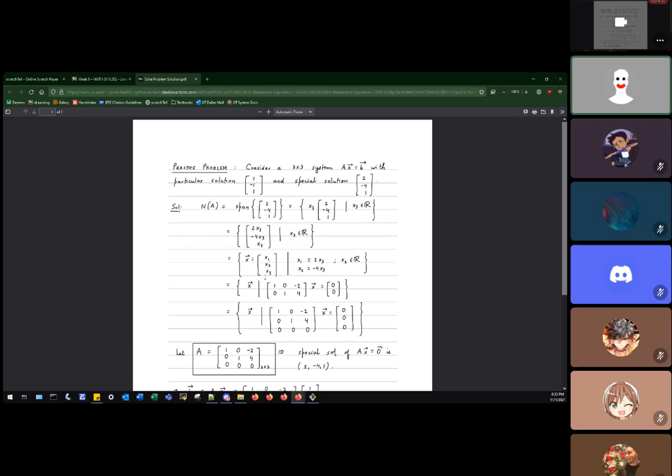So it's the set of all vectors in this form. And then we convert it from this set to a set of all vectors x, where this matrix times the vector equals the 0 vector.